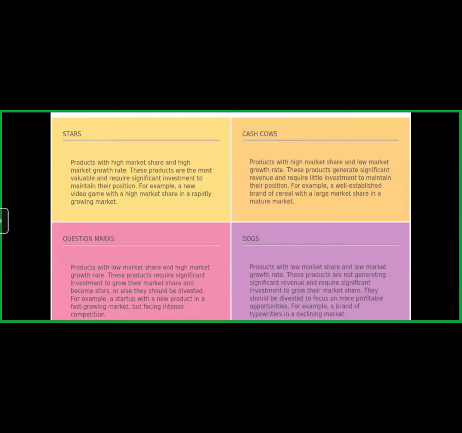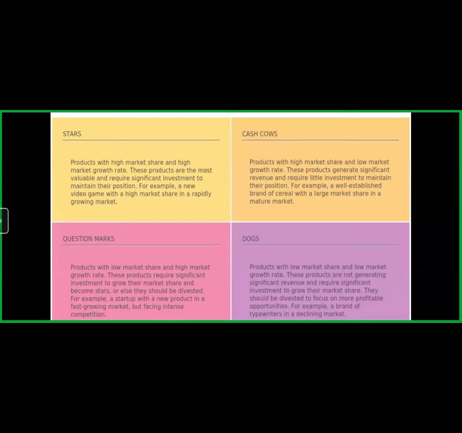Now, we need to understand the first criteria, what is the market share, whether the company is enjoying a good market share in that particular area, in that particular city, or in that particular country. That is the first criteria. Second criteria, whether the demand of the product is also going to grow in the near future.